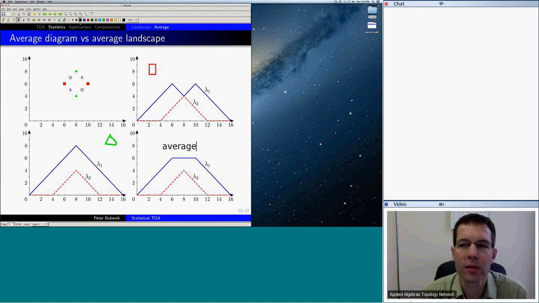Typically, when we average things in a certain class, we get objects from a bigger class. So, for example, if we average integers, the average is not necessarily an integer. If we average values of a true or false function, it's not necessarily true or false.